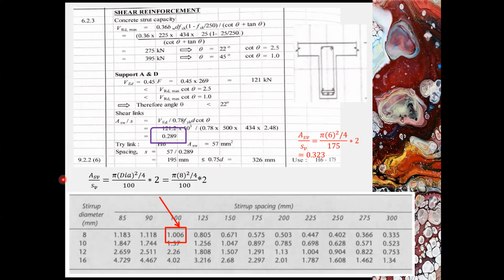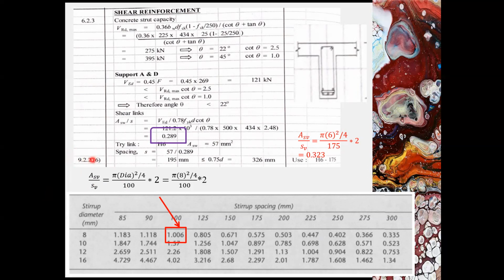For example, if I want to have a stirrup diameter of 8 mm with a spacing of 100 mm, this is the calculation for the Asv over sv. The Asv is the cross-sectional area. Remember, we have two legs in a section.